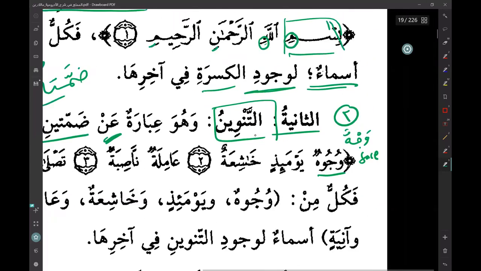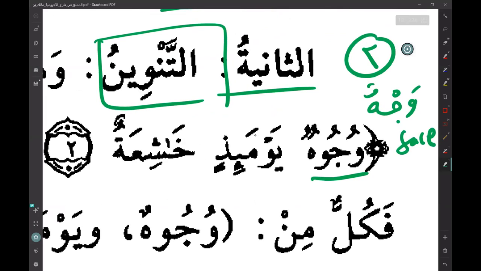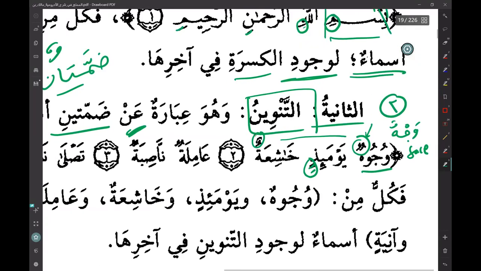I'm not going to translate everything, but right now I'm just showing you something. We have this tanwin here, and we have a tanwin here. These two tanwin are not the same; this tanwin is for a completely different reason than that tanwin. But as long as we have tanwin right now, we are fine.